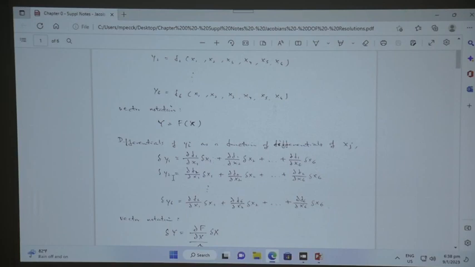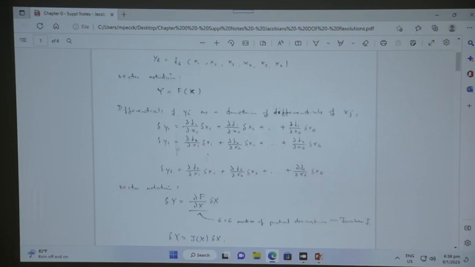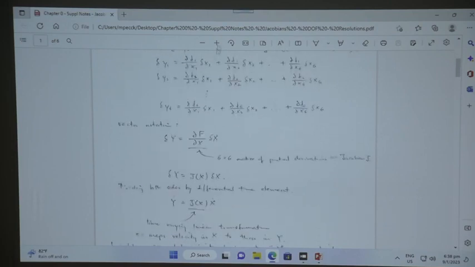You do the same for delta y2, and you have this set of equations. Again, you can represent it in vector notation: delta Y equal to delta F over delta X, times delta X. This partial F over partial X is a 6x6 matrix of partial derivatives. This is your Jacobian matrix in mathematical form.